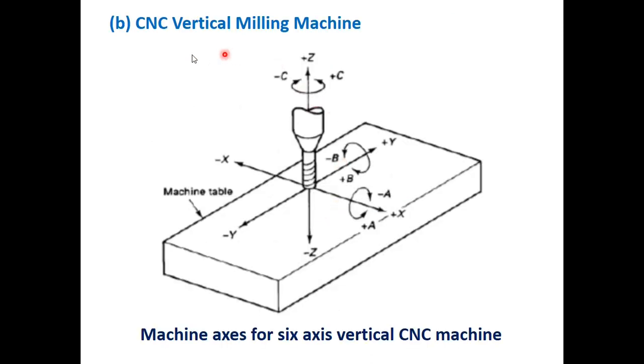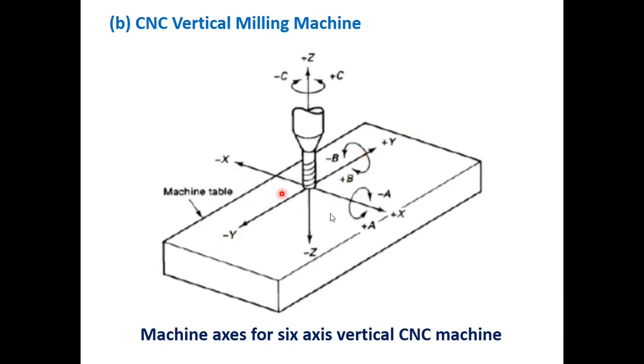This is for CNC vertical machines. You can see for vertical machines we have 3 axes. This is y. So y and x are on the working table. The working table can move plus x or minus x.